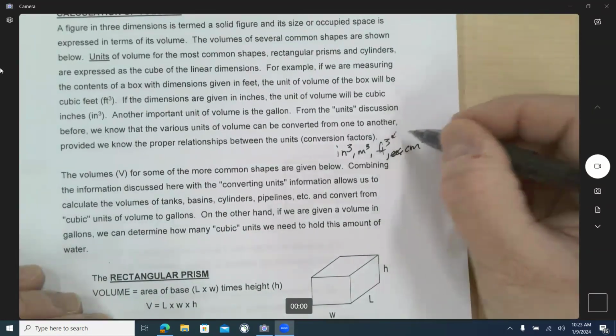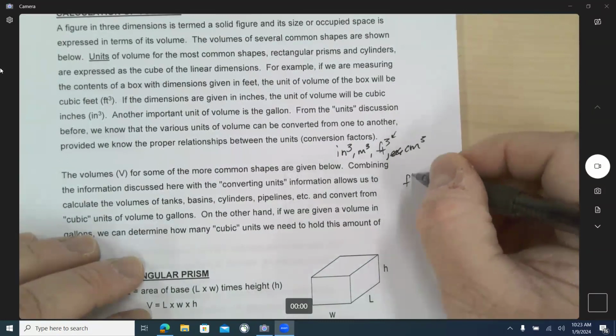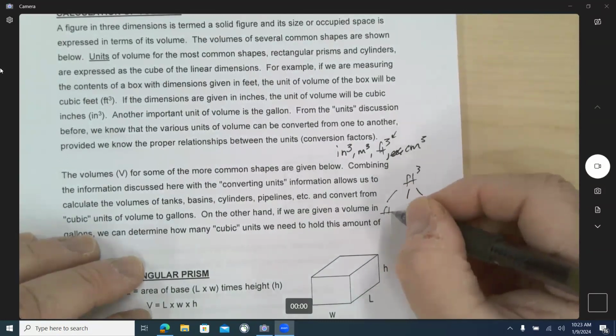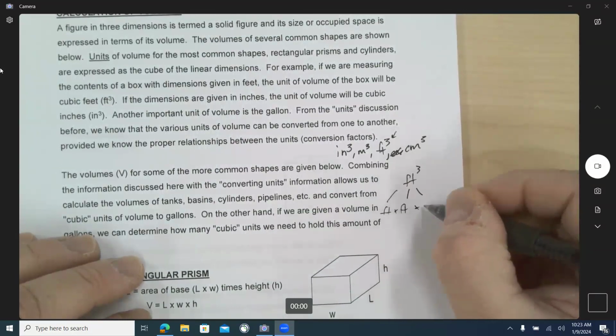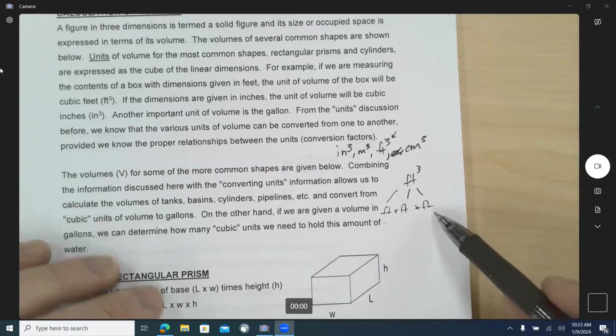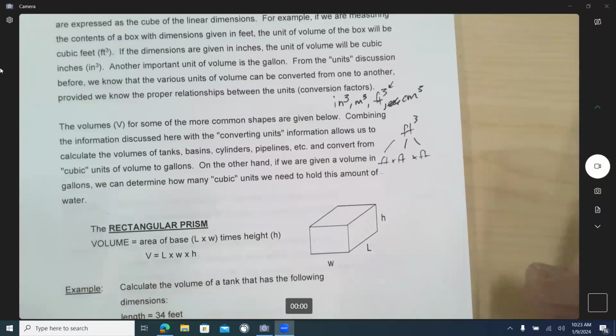They all seem to have the 3 in common. So like cubic feet means feet times feet times feet. Cubic means feet times itself 3 times. That's how you get cubic.